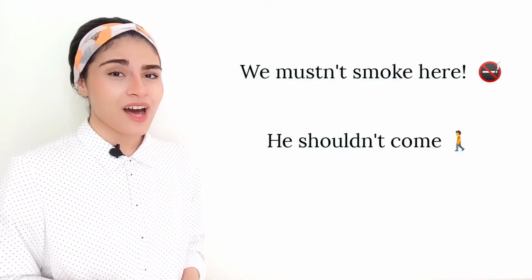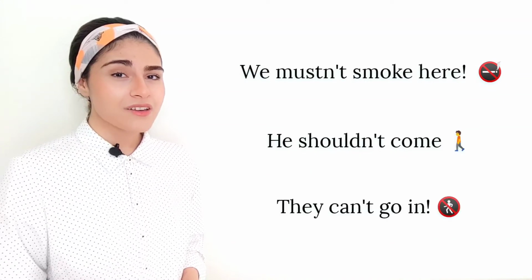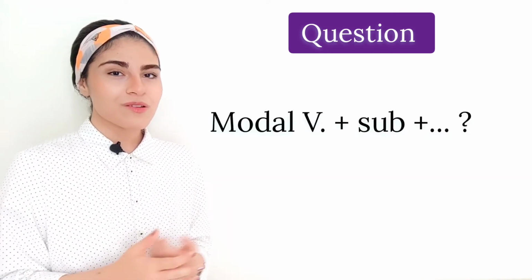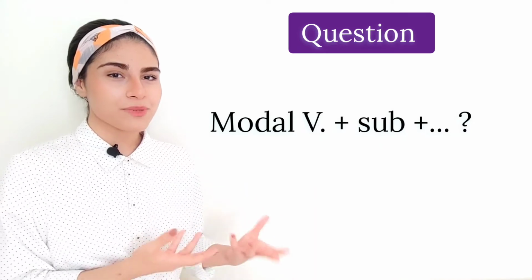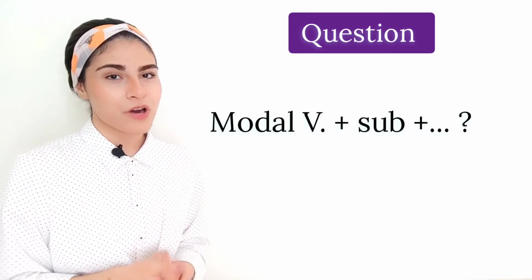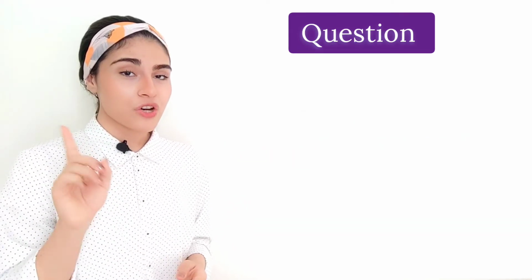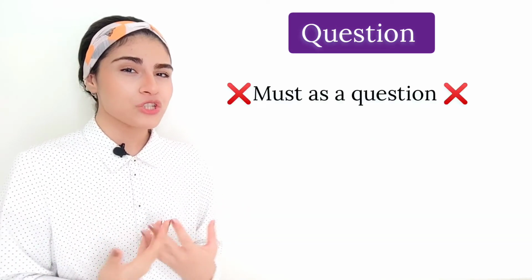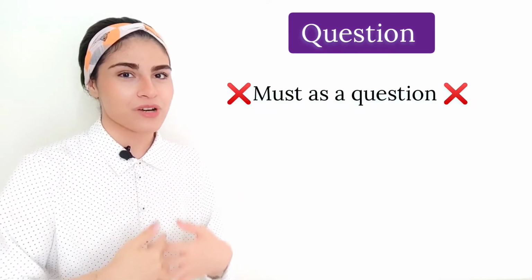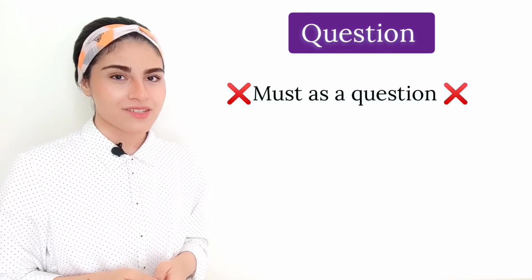He shouldn't come. They can't go in. And for the question form, again, we have WH questions, yes or no questions. For yes or no questions, we switch the place of subject and the modal verb. But remember that we often do not bring must as a question at the beginning of the sentence.